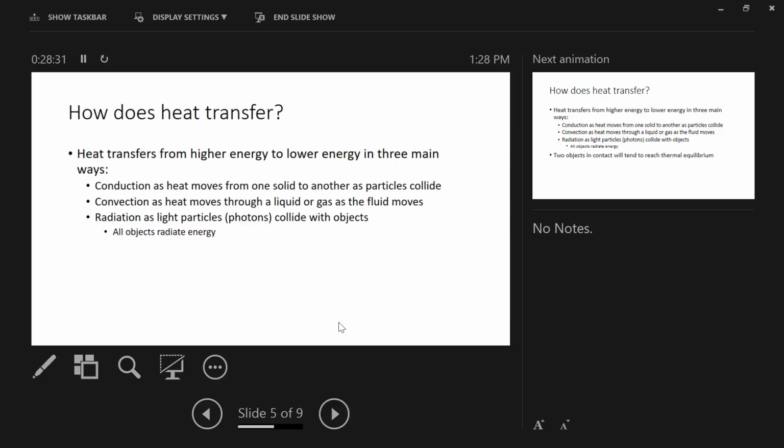All right. Now, all objects radiate energy. Every object, doesn't matter what it is. You radiate energy, which means you're releasing light, that those light particles can go and collide with other objects and transfer their heat.